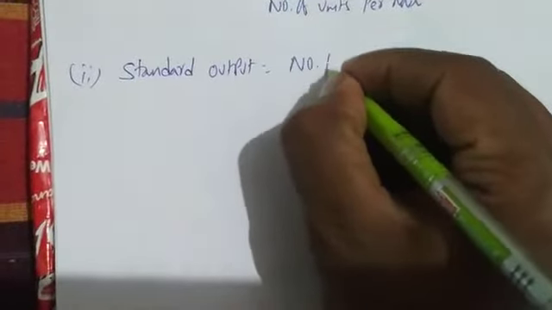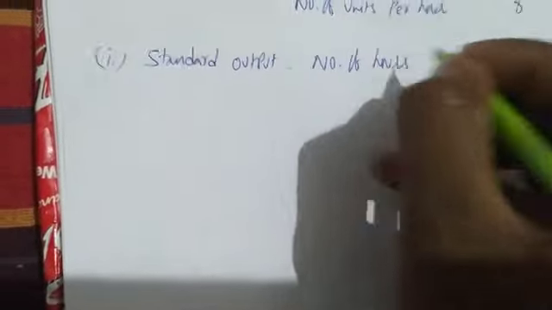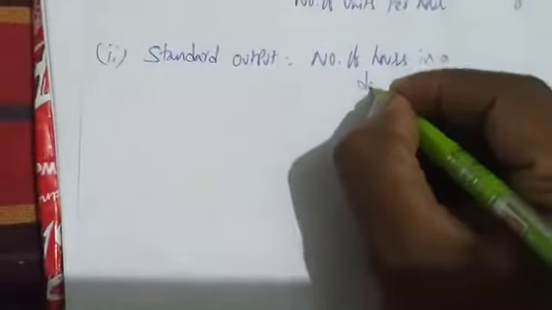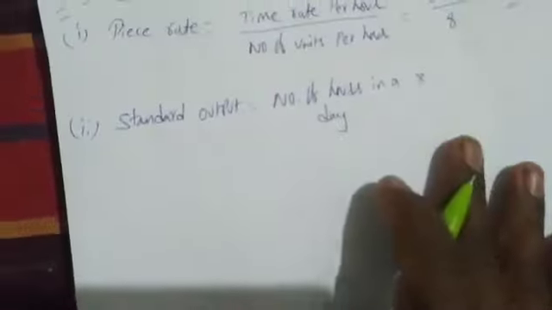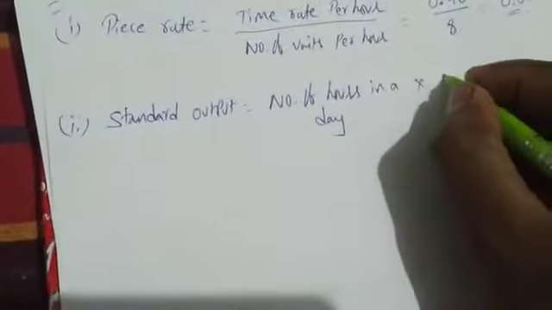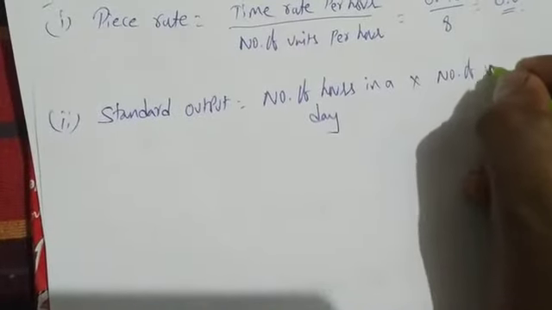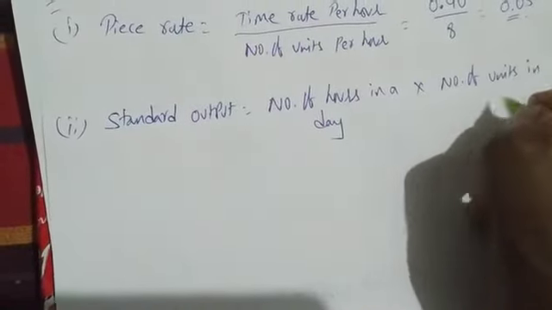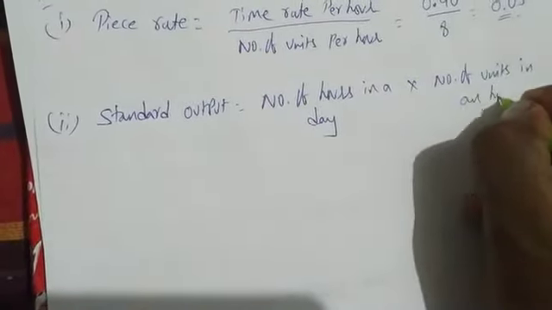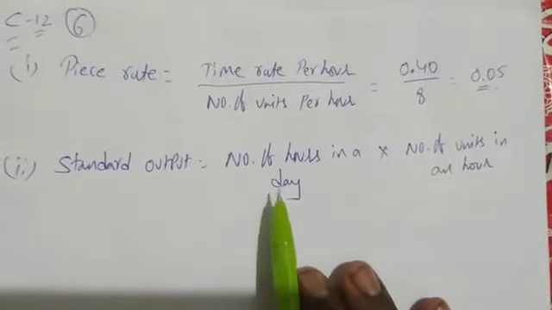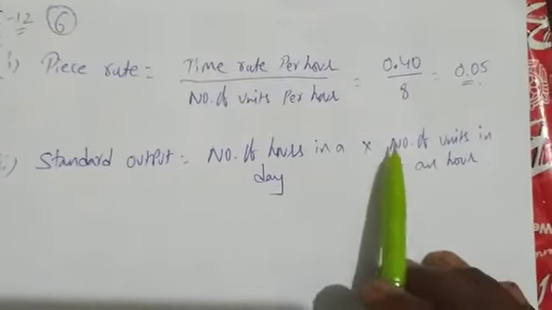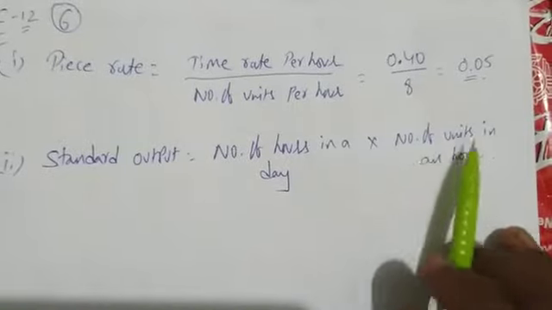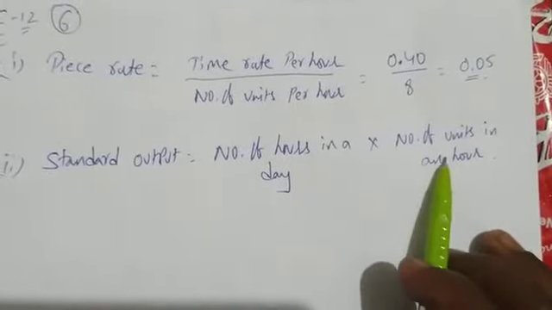Number of hours in a day you have to multiply with number of units in an hour. So simple formula for standard output: number of hours in a day, in a day how many hours the worker is working, and number of units in an hour, in 1 hour how many units are being produced.